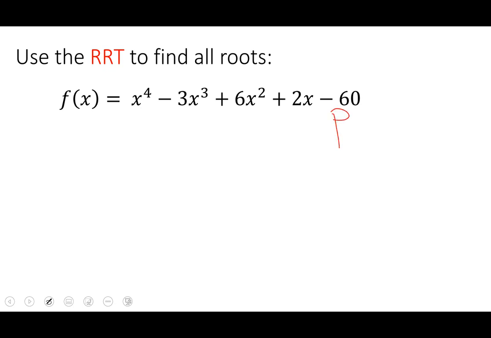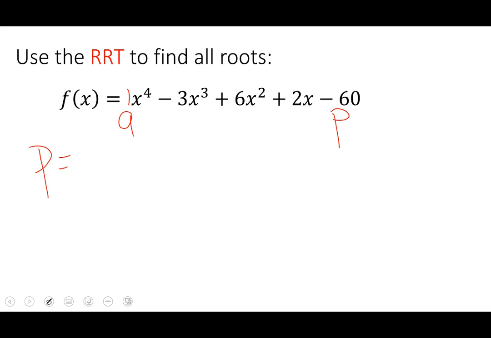So the p's are going to be all the things that divide the constant, and the q's are going to be all the things that divide the leading coefficient, which in this case would be positive 1. As you make a list of all your p's and all your q's, don't forget positive and negative. Generally, you write positive or negative as plus or minus, and you go from the smallest to the largest.